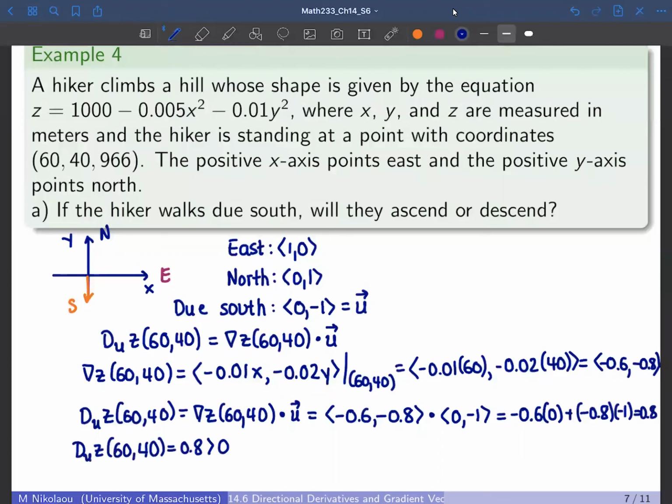And that means that if the hiker walks due south from the point 60, 40, the hiker will ascend, and the rate of ascent of the hiker would be 0.8 vertical meters per horizontal meter.